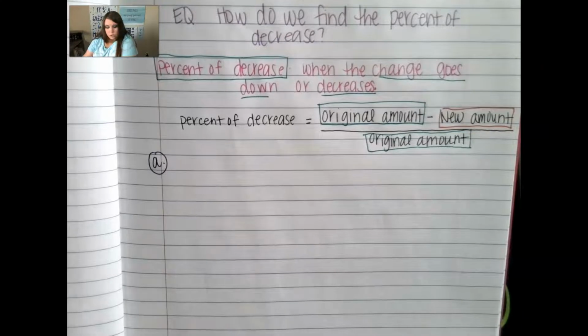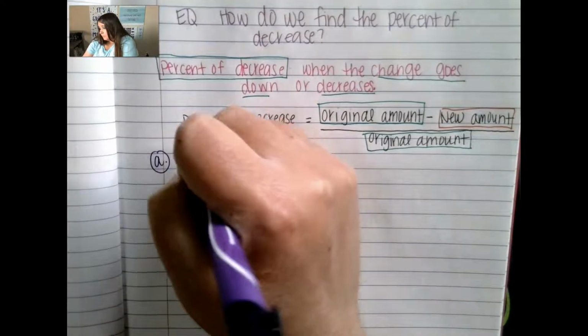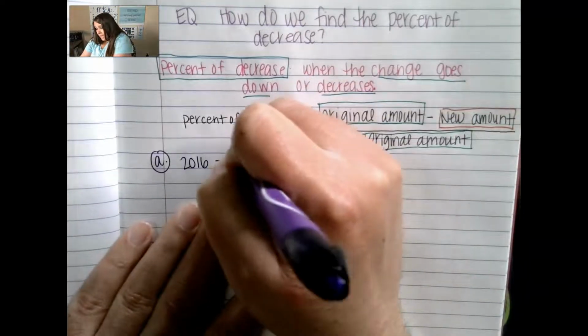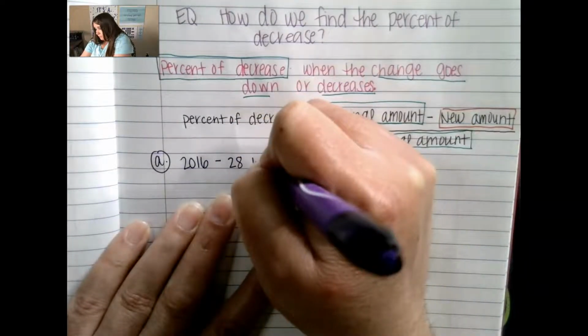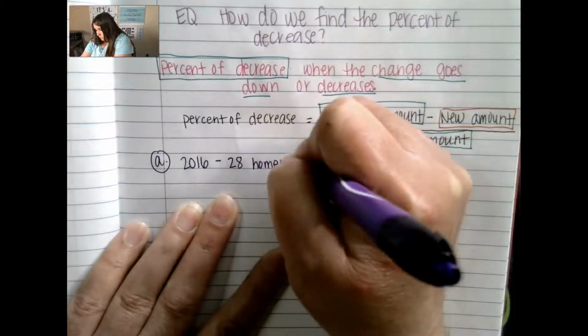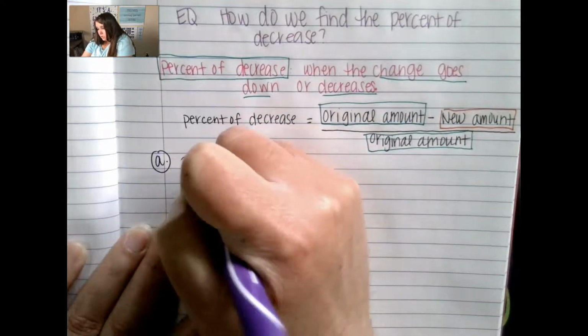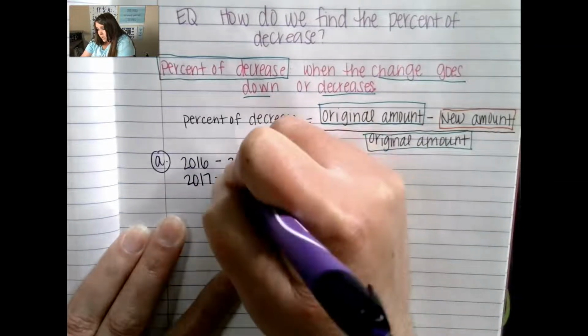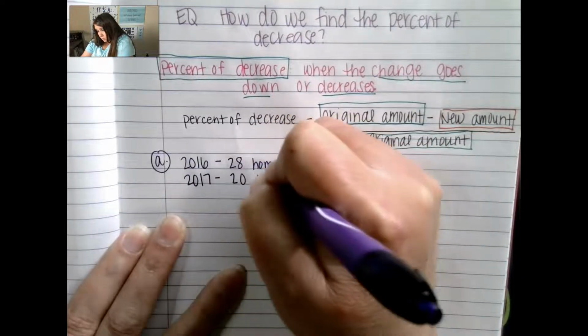In 2016, this baseball player had 28 home runs. In 2017, this same baseball player had 20 home runs.